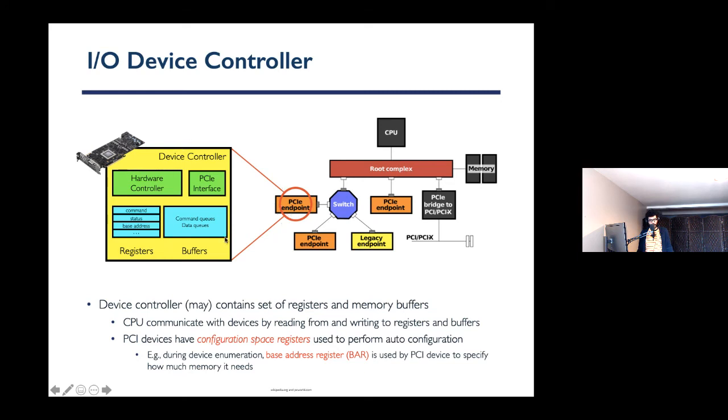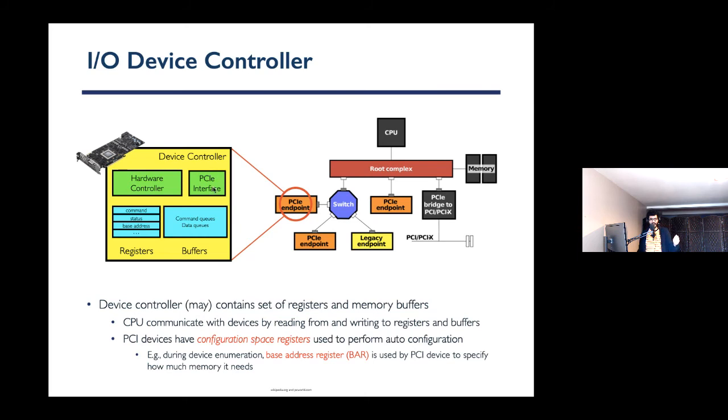Now, when you come to the device, if a device is PCIe compatible, if it can get connected to any of these endpoints, that means the device has to implement a PCIe interface. It has to know the communication protocol used in PCIe.